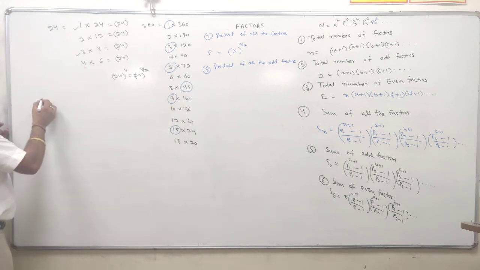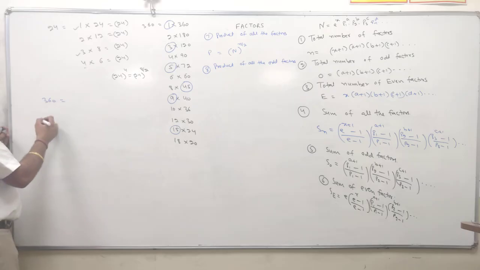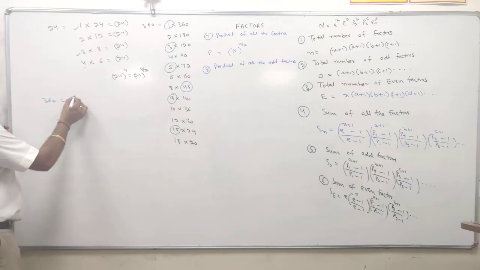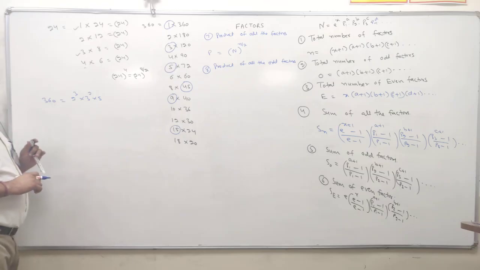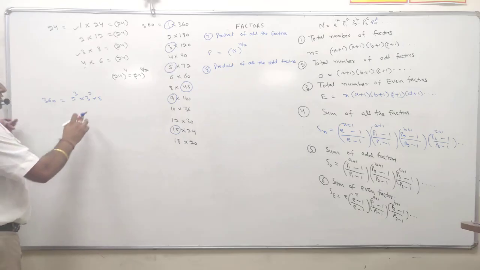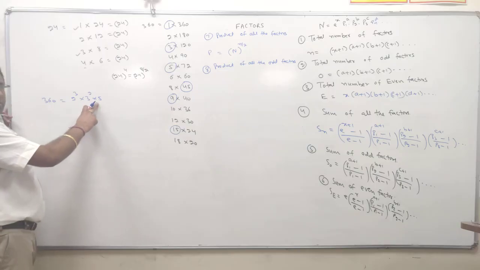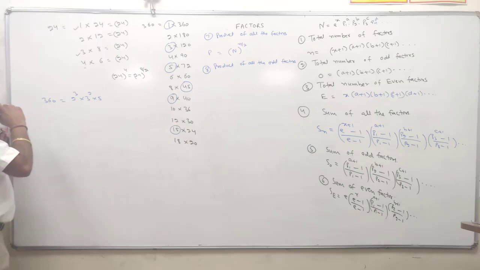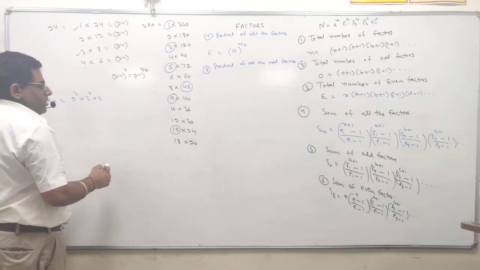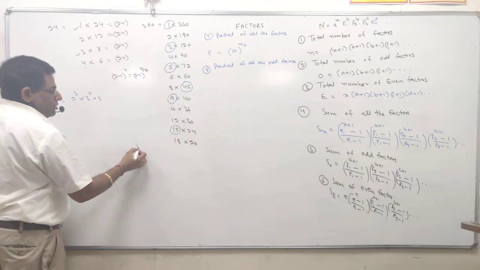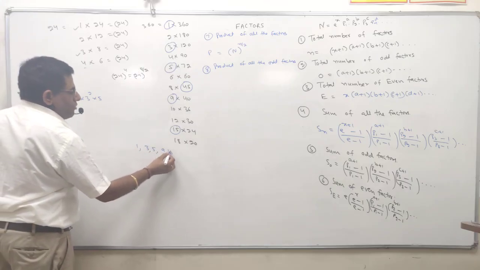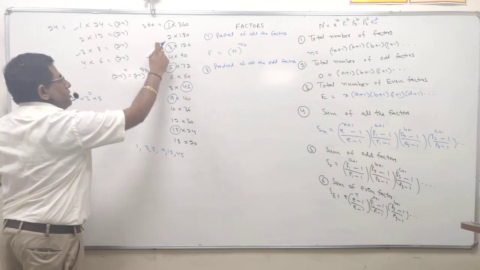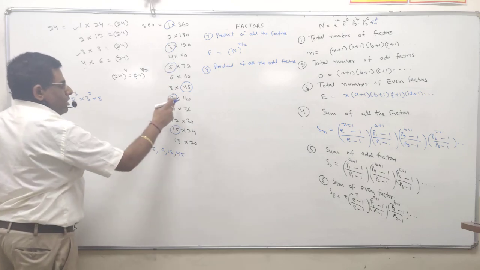That is the prime factorization of 360 as well. We get 2 cube into 3 square into 5. And we just need to calculate the product of all the odd factors. Odd factors come from only 3 square and 5. So the odd factors are 1, 3, 5, 9, 15, and 45.